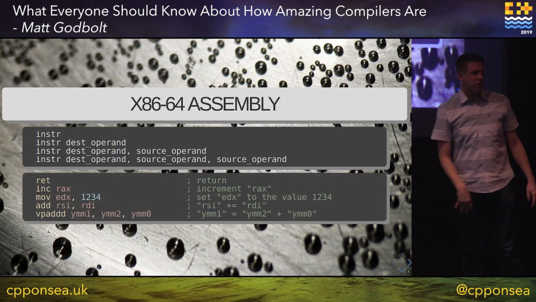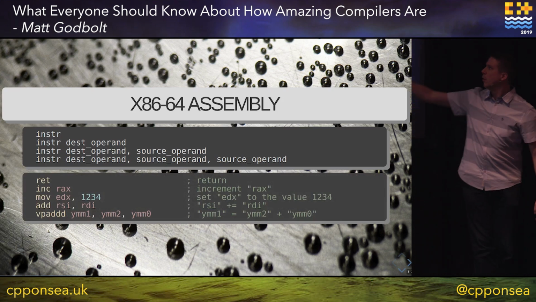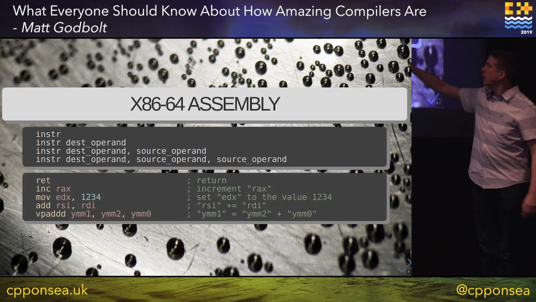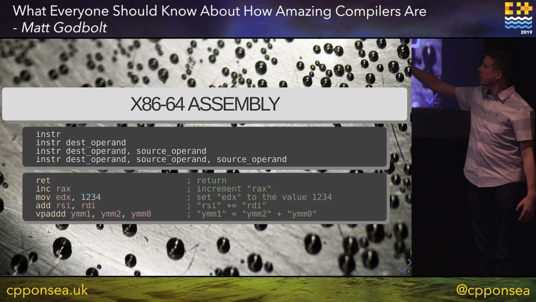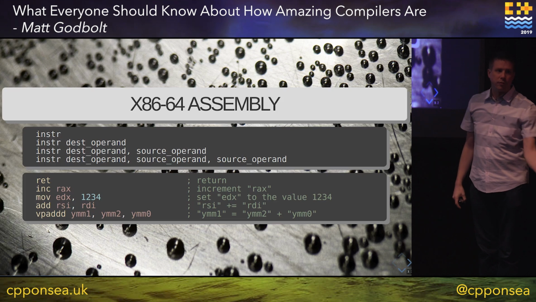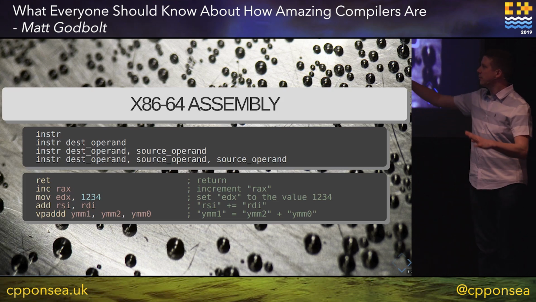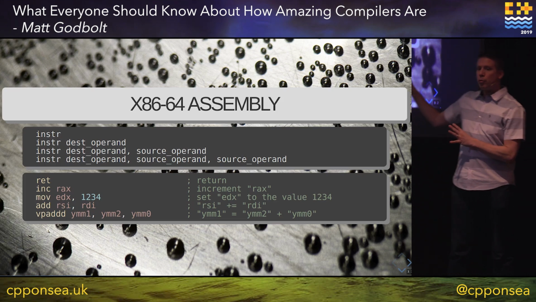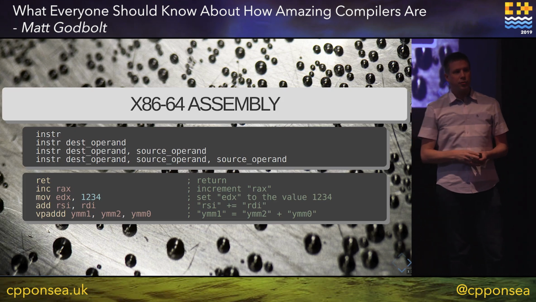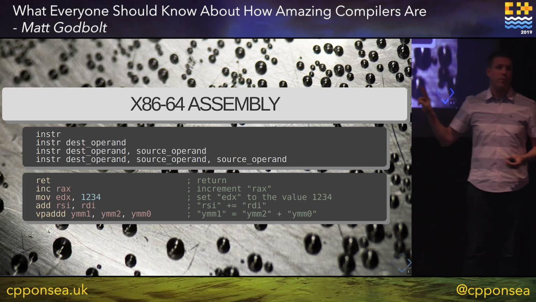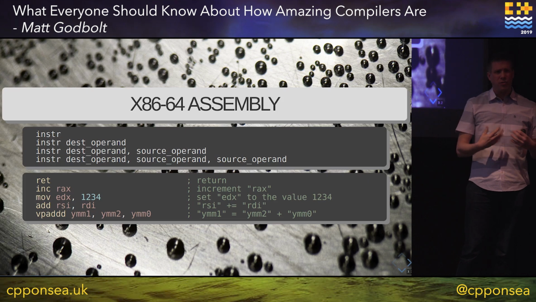Here are some example instructions. A 0 operand instruction would be like a return. 2 operands is like an increment of a particular register or a move of a value into a register. Adding takes 2. One thing that's noteworthy in x86 is that the vast majority of operations have 2 operands, which means that they're usually destructive in some way.